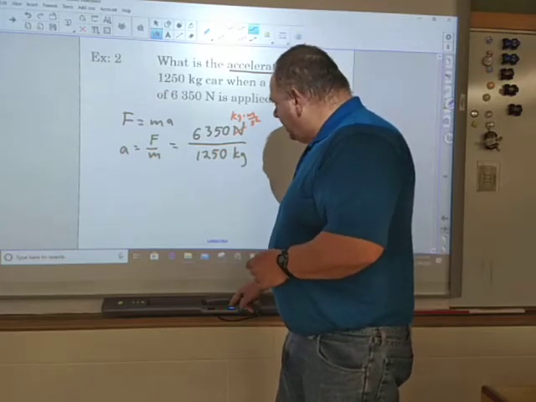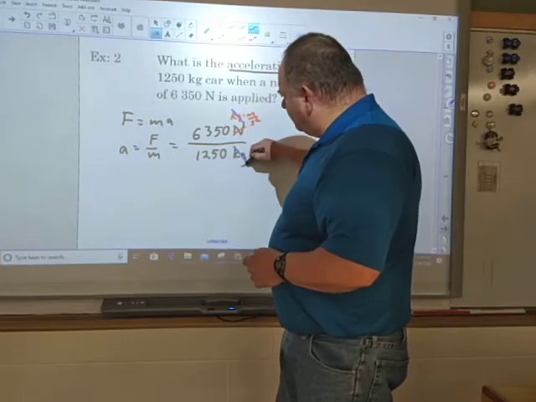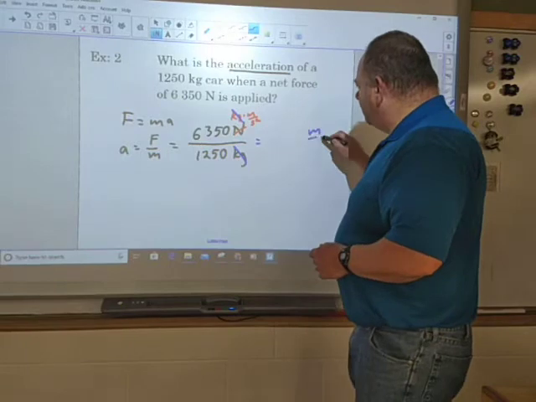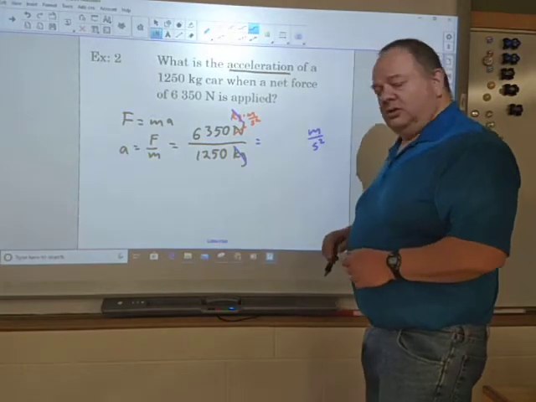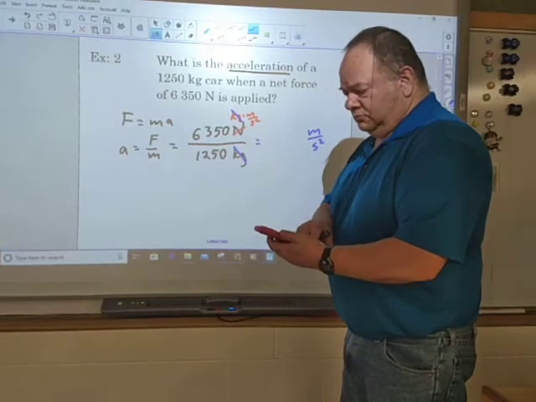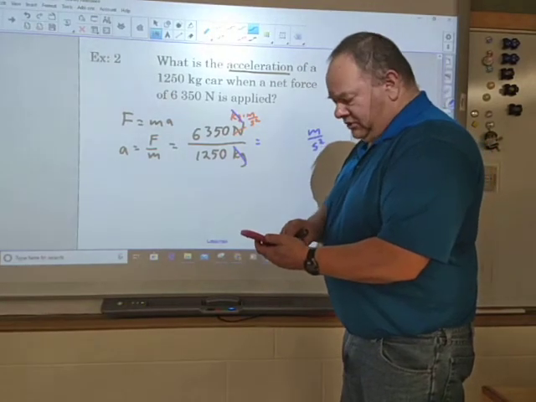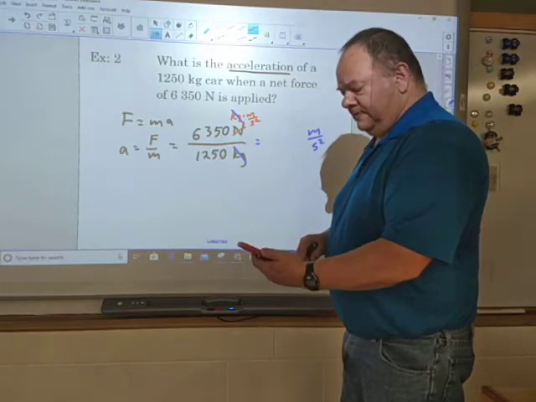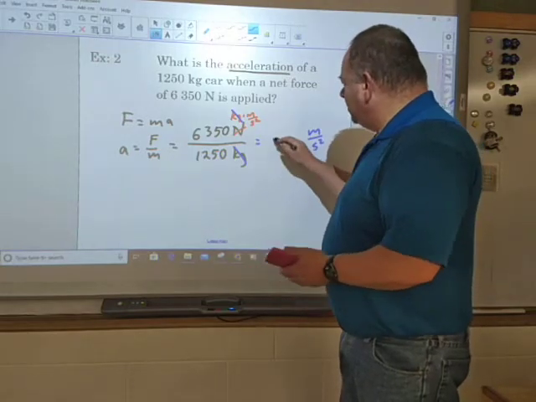So if I do that, I can recognize that kilograms cross off, and I'm left with meters per second squared. The rest of this is a division problem. 6,350 divided by 1,250 is 5.08.